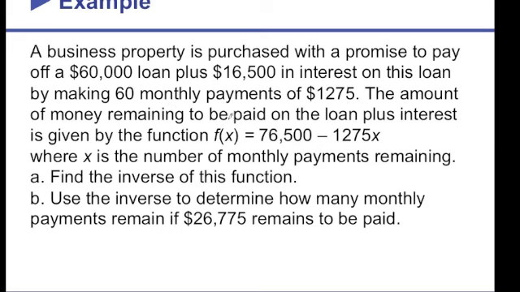The amount of money remaining to be paid on the loan is given by the function f of x equals 76,500, these two added together, minus 1,275x, where x is the number of monthly payments remaining. So that's how much we still owe. We want to find the inverse of the function and use the inverse to determine how many monthly payments remain if $26,775 remains to be paid.